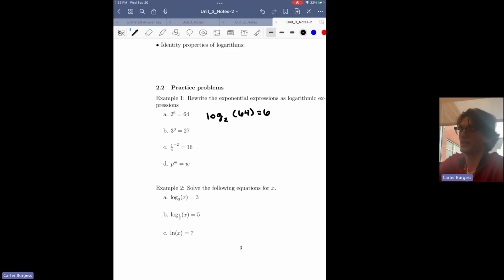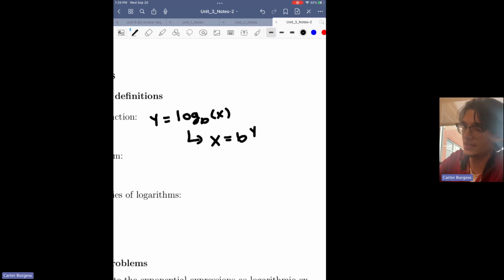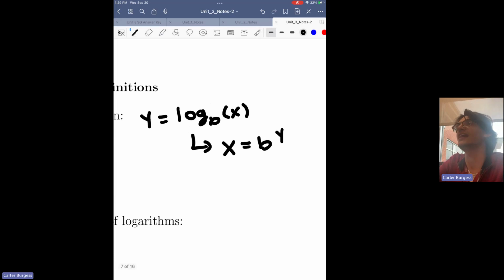So think of whenever I write a logarithm here, the base is kind of telling me the style of logarithm that I'm going to choose. This is just like the type of machine that we're working with. And then the actual input is the result that we're plugging in, right?